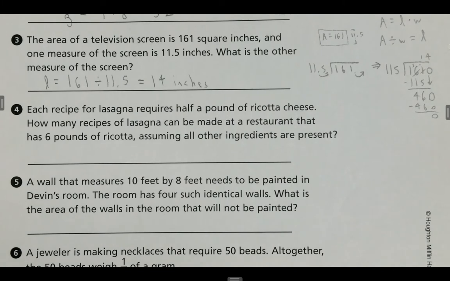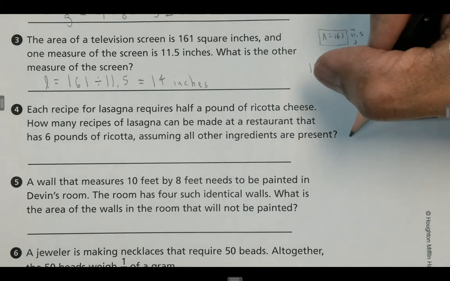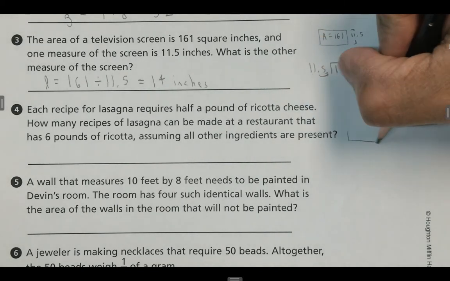Moving on, number 4. Each recipe for lasagna requires half a pound of ricotta cheese. How many recipes of lasagna can be made at a restaurant that has 6 pounds of ricotta, assuming all other ingredients are present? Okay, I'm going to draw a visual here.